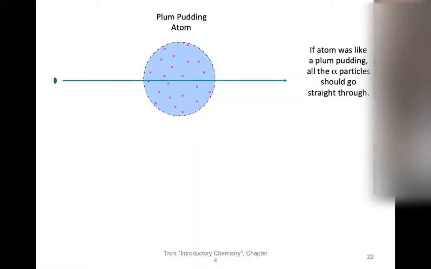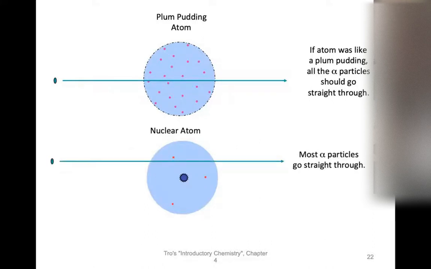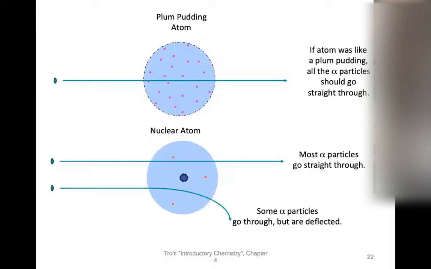We compare: the accepted model at the time was this delocalized positive charge. We'd expect everything to go through. Eventually someone said, well, what if all of that positive charge is in one place? And that would explain the deflection, because those alpha particles are positive, so they get close to the nucleus and they veer away because of the positive repulsion.